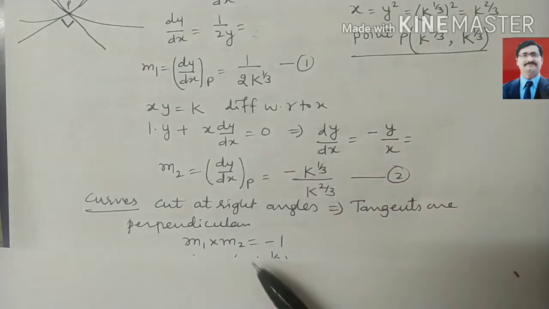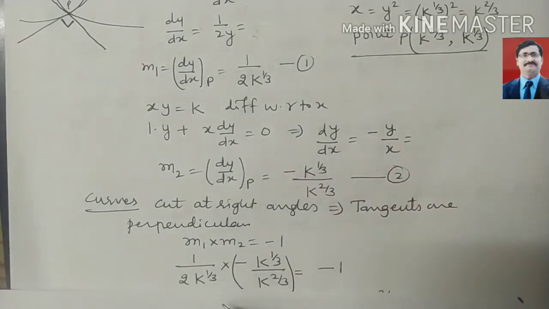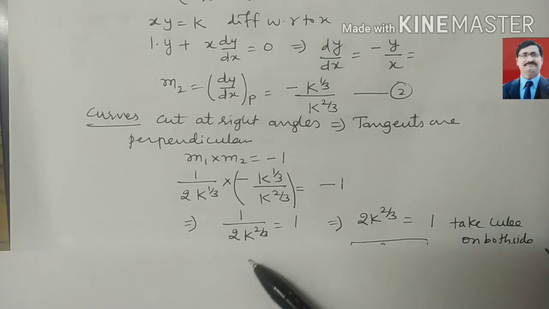Putting these values, we get 1 upon 2 k power 1 upon 3 into minus k power 1 upon 3 upon k power 2 upon 3 equal to minus 1. The minus 1 and minus 1 cancel, and k power 1 upon 3 cancels. The remaining is 1 upon 2 into k power 2 upon 3... equal to 1.